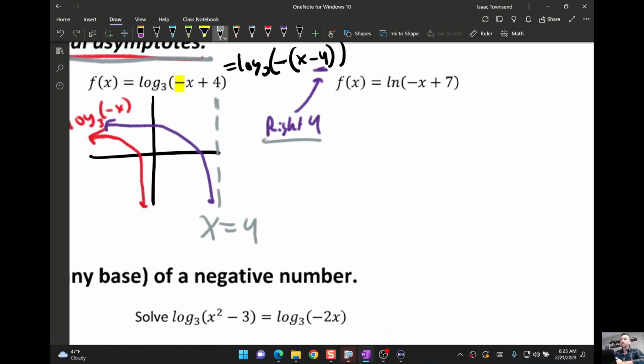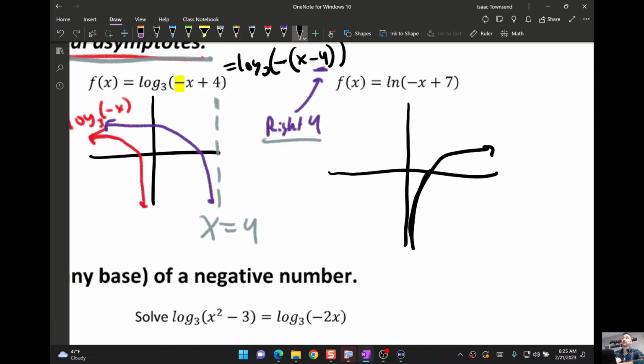Okay, so one more to try to hone in on that. Here's what the natural log of x looks like, because all logarithmic graphs basically look the same. The negative on the x is going to flip it over the y-axis, which is going to make it look like this. And then +7 means left 7 unless you're also flipping it over the y-axis.